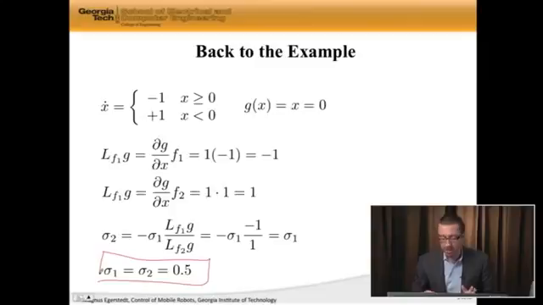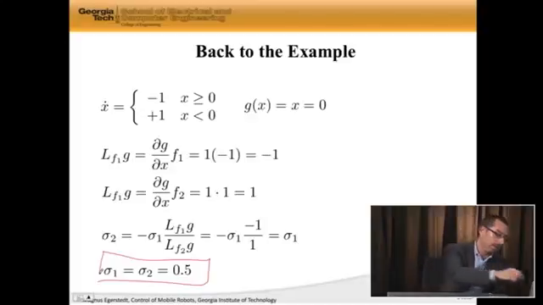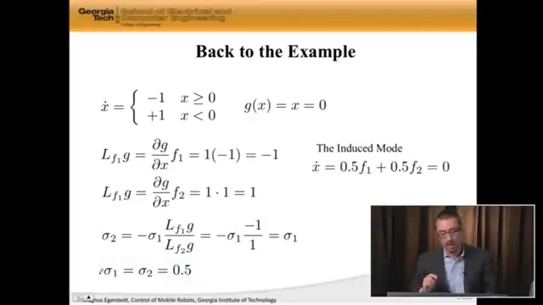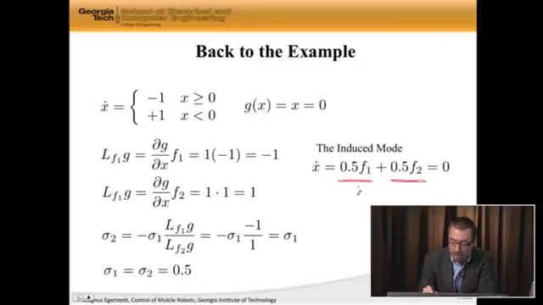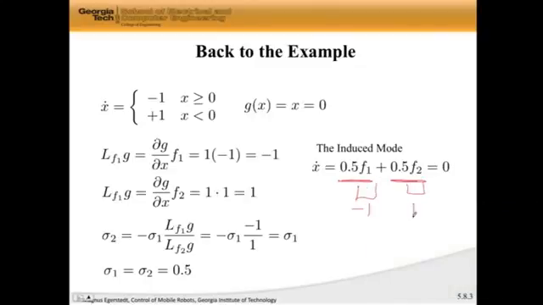What this actually means then is that we can compute what the induced mode, the sliding mode, actually is. Well, I take sigma 1 times f1, which is half of f1, and then I take sigma 2 times f2, which is half of f2. Well, f1 is negative 1, f2 is plus 1, so I get negative 0.5 plus 0.5, and that's equal to 0.